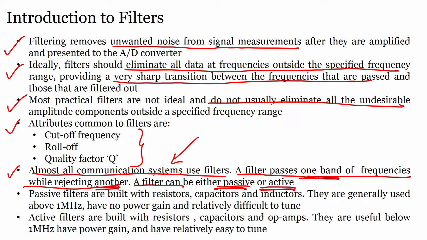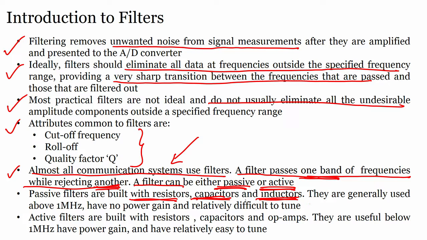Okay. Next, filters are built with resistors, capacitors and inductors. That means we use these passive components for designing the filters. Which are the passive components? Resistors, capacitors and inductors.